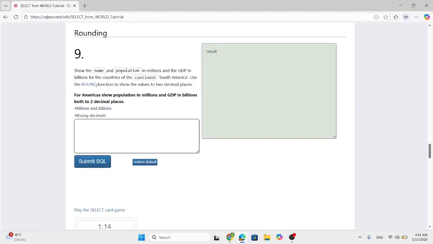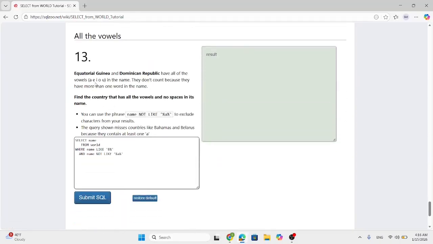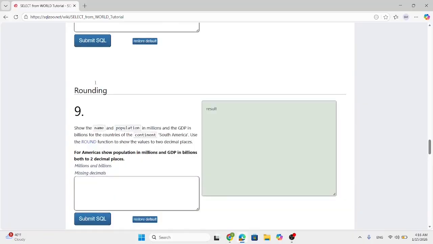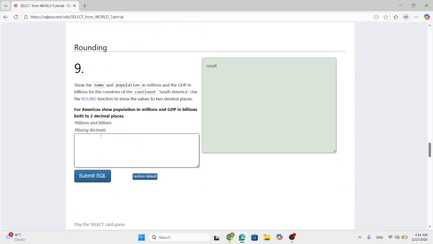The next question, and how many do we have left? We have 5 questions, I think. Show the name and population. We are going to select name, population in millions, as we did before, so there are no worries.